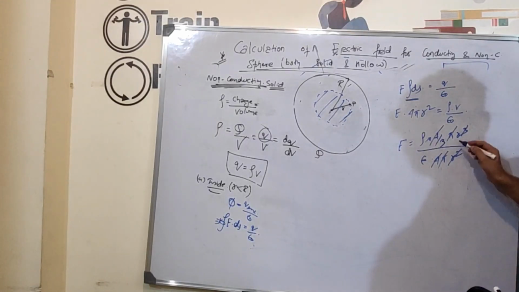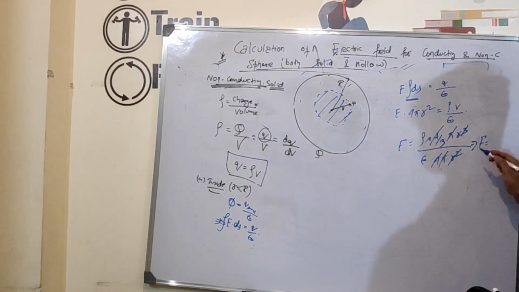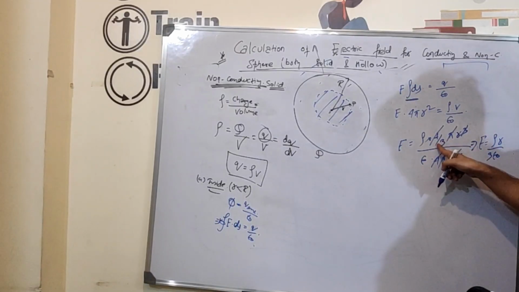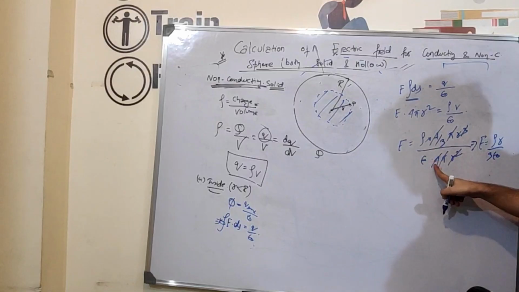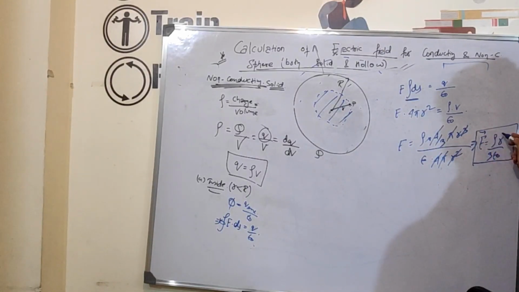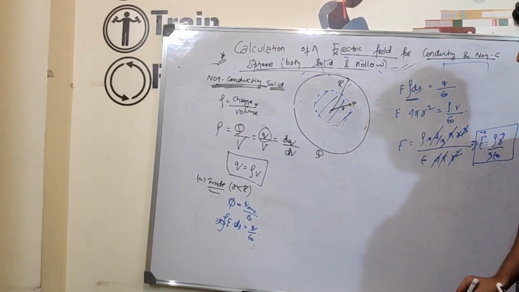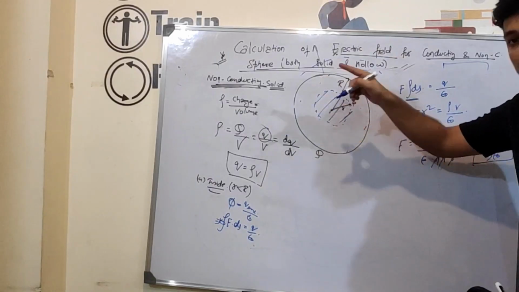That means the only thing remaining will be r. So the value of electric field at an inside point will simply be rho r by 3 epsilon naught, because the 1 by 3 from 4 by 3 comes to the denominator. This is the value of electric field for a non-conducting solid sphere.